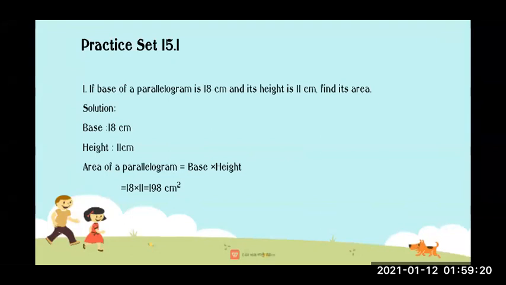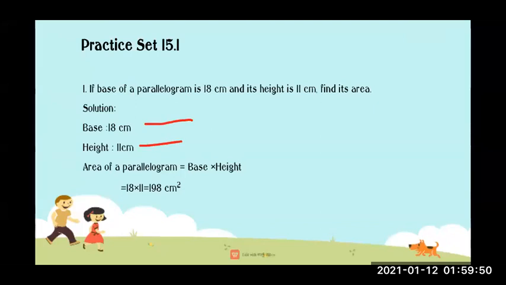Find the area means you have to write the formula of area of a parallelogram, which is base into height. Whatever is given, you have to write first. So the first step will be base equal to 18 centimeter, height equal to 11 centimeter.